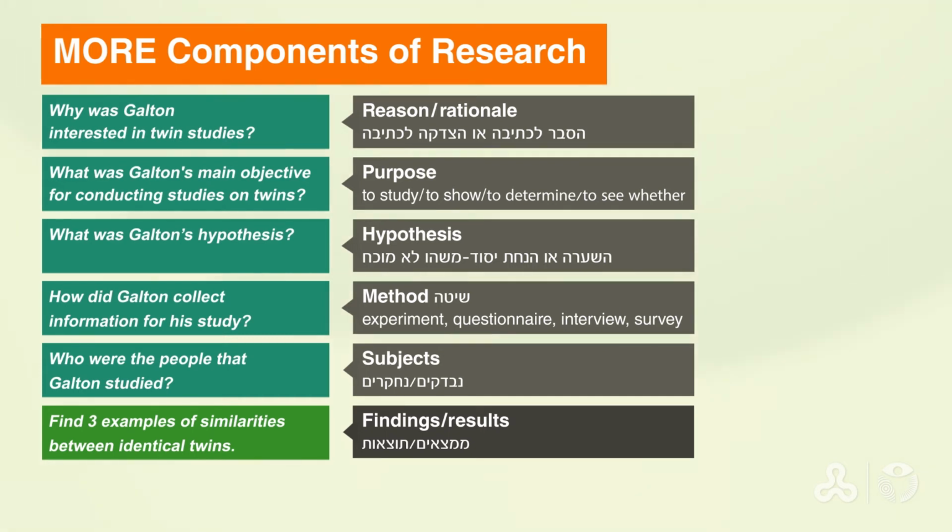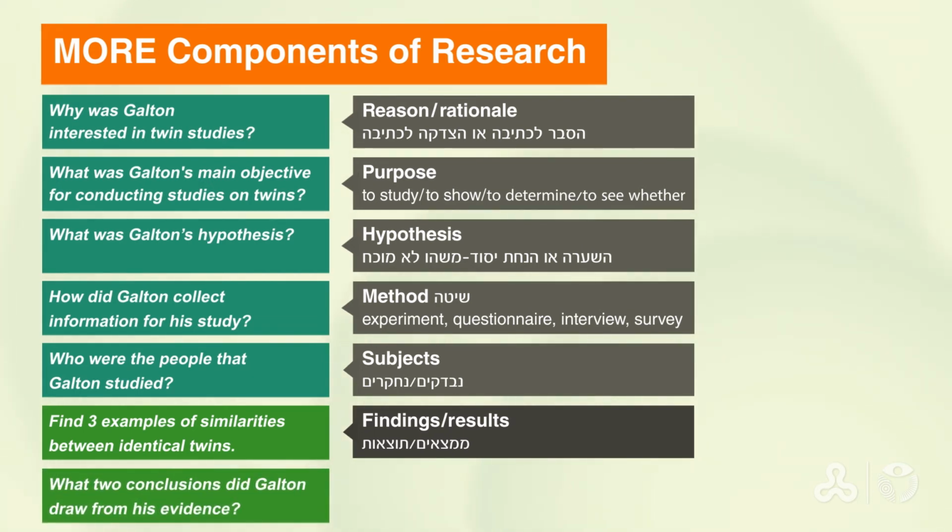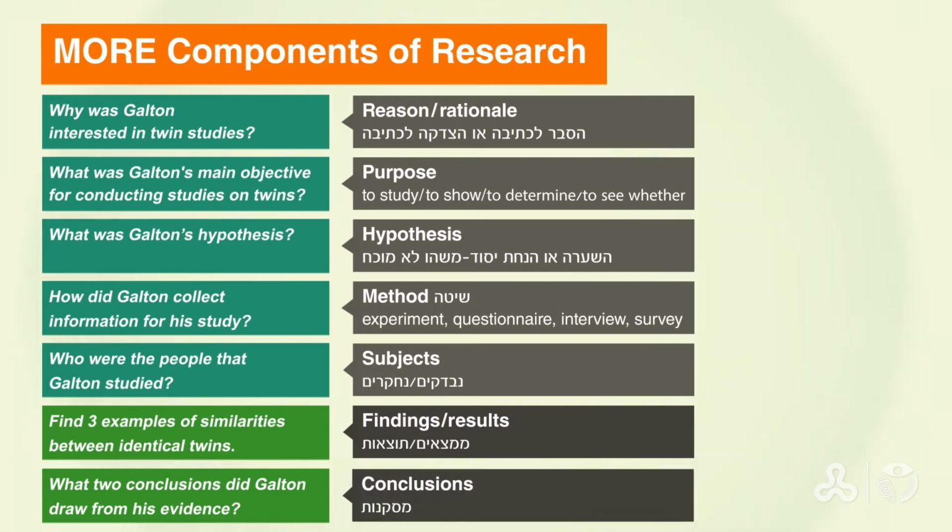So remember that the findings and the results are specific information that researchers got after collecting and analyzing the information. We also had the question, what 2 conclusions did Galton draw from his evidence? And of course, the last part of research usually are the conclusions, okay?